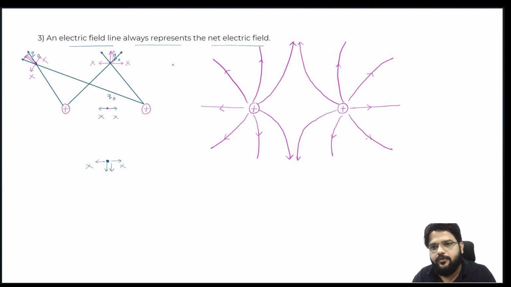If you plot the field diagram for these two isolated positive charges, this type of field diagram we will get.